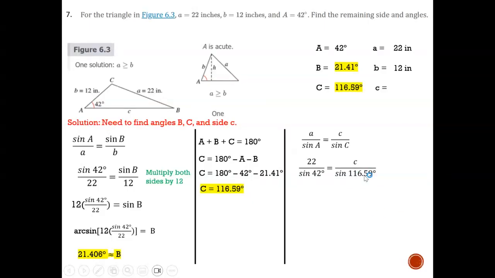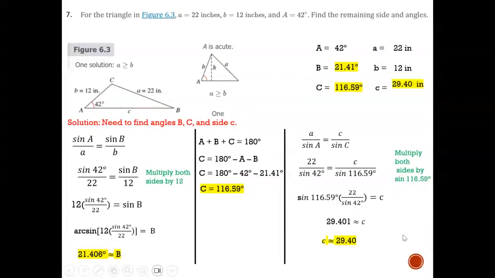Multiply both sides by sine of 116.59. We get sine of 116.59 times 22 over sine of 42 degrees equals c. We use a calculator. So c is approximately 29.40. See, guys, we solved the triangle.